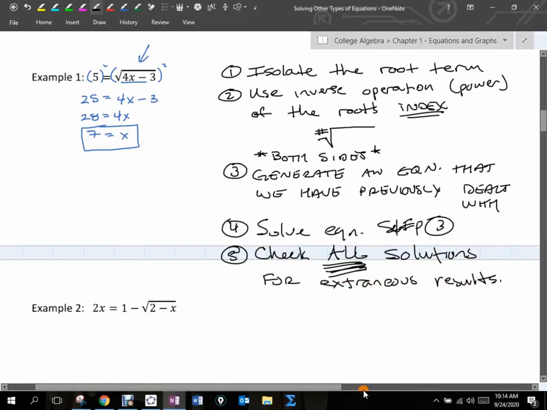Okay. A key thing, and we'll talk about it when we see a specific example, but if you have 2 answers or 3 answers or 4 answers, and let's say we have 2 answers, and the first one you check is extraneous, that does not automatically make the other one your answer. It might be extraneous too, okay?